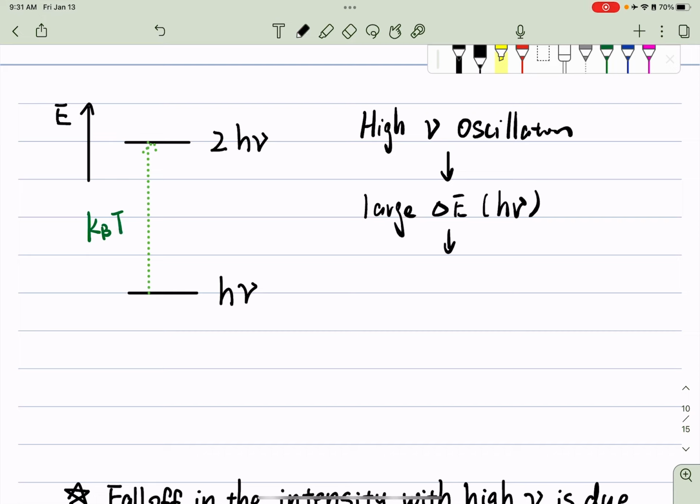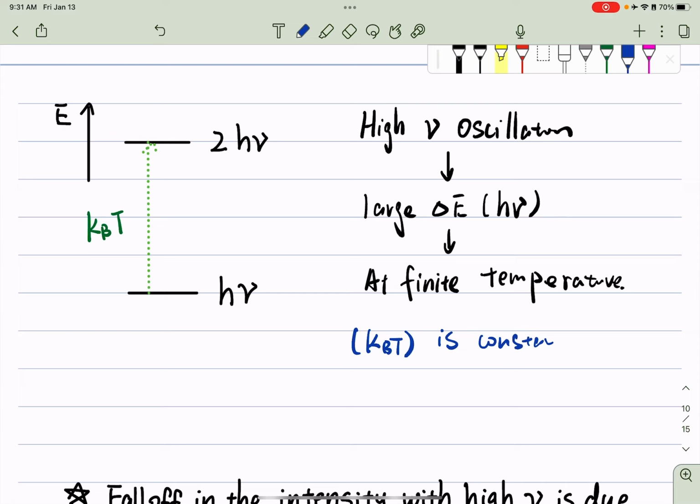And then at finite temperature, my kBT is constant. When we're talking about this delta E, we're talking about that being related to a probability.